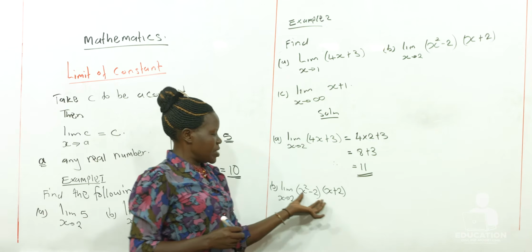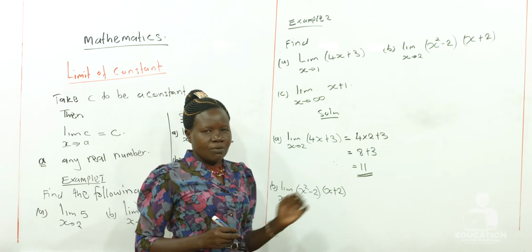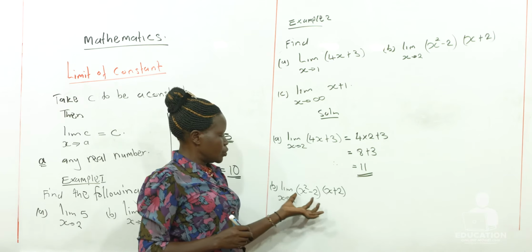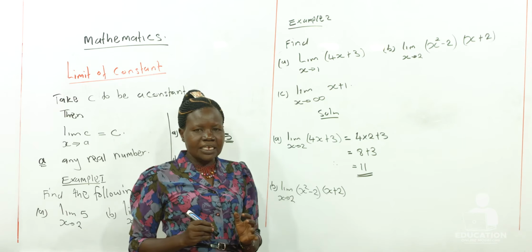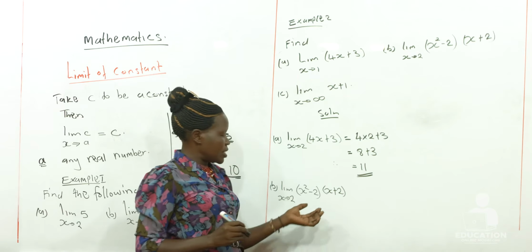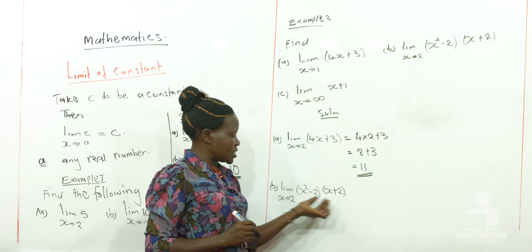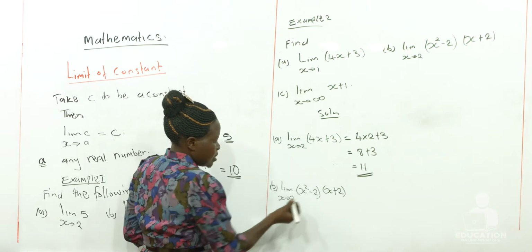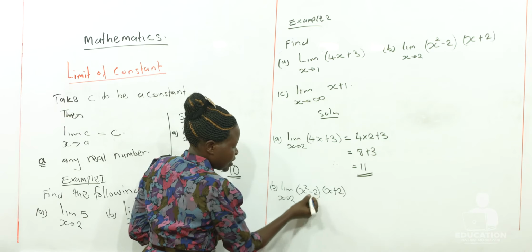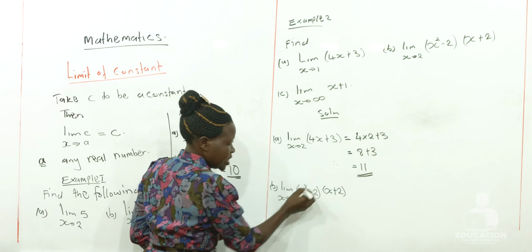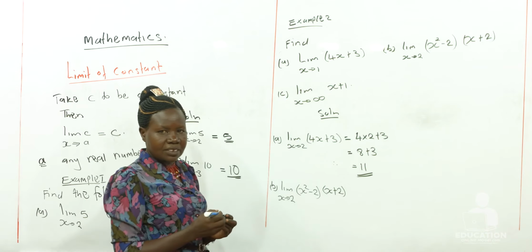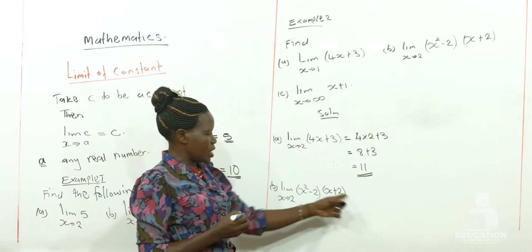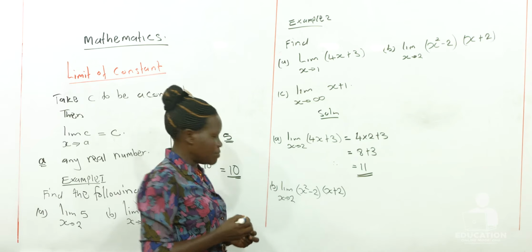Because you are dealing with limits, handle each bracket separately before you open them out. What I always say, before you open this bracket out, see what is inside there. Is it well organized or not? Since here it is not organized, make it organized first before you open the bracket.